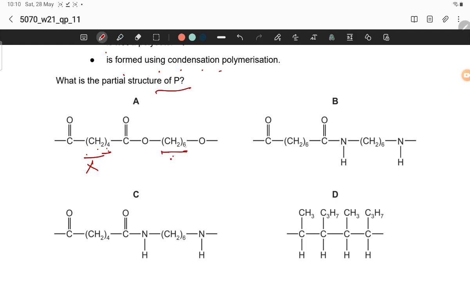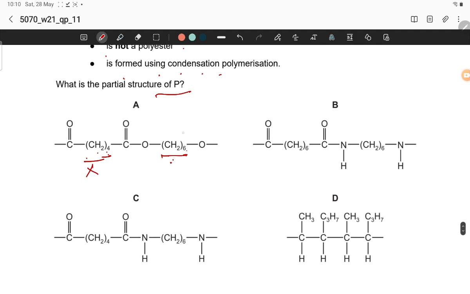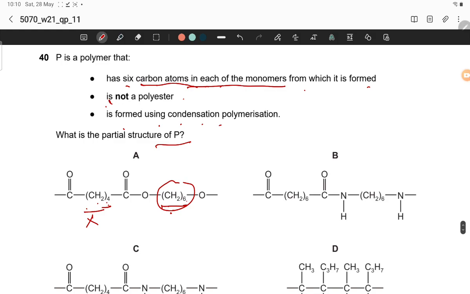This is 6 and it is not a polyester, so this is a polyester, so it is incorrect.